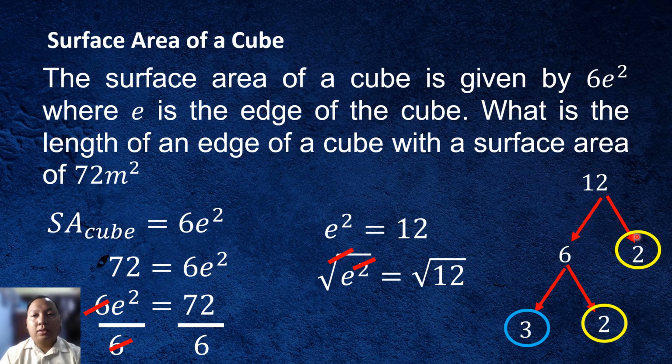So, since meron tayong magka-partner na 2, sila yung nasa labas. At since walang partner si 3, siya yung nasa loob. Therefore, our e is equal to 2 square root of 3 meters. So, the edge of the cube with a surface area of 72 square meters is 2 square root of 3 meters.